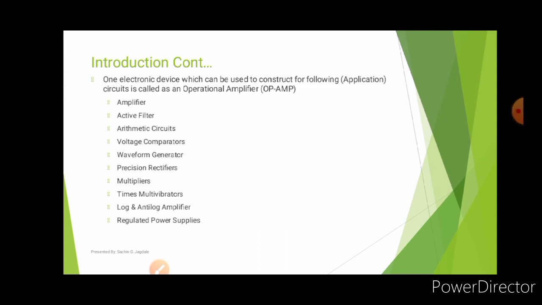Arithmetic circuits like addition, subtraction, multiplication, division, integration, differentiation. Similarly, that circuit can perform as a voltage comparator, waveform generator, precision rectifier, multiplier, multivibrator, log and anti-log amplifier, regulated power supplies, etc. So all these operations can be performed on a single IC. So that IC is called an operational amplifier. It performs many operations at a time, and due to that it is called an operational amplifier.